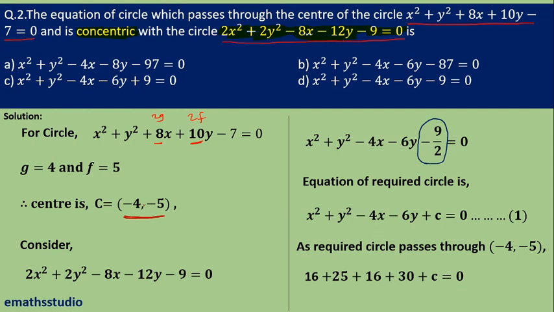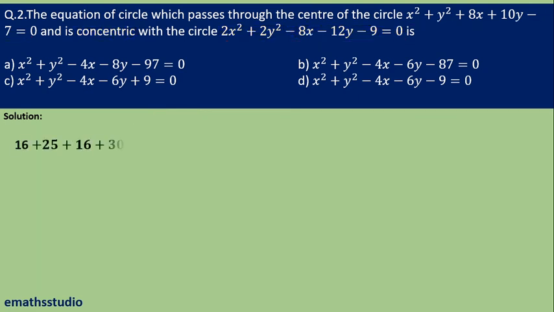Now minus 4 into minus 4 is 16, minus 5 into minus 6 is 30, and the c remains the same. Now if I simplify this equation, I can get the value of c. So this 16 and 16 becomes 32, plus 30 is 62, plus 25. Now 62 plus 25 will be 87, so the value of c is minus 87.